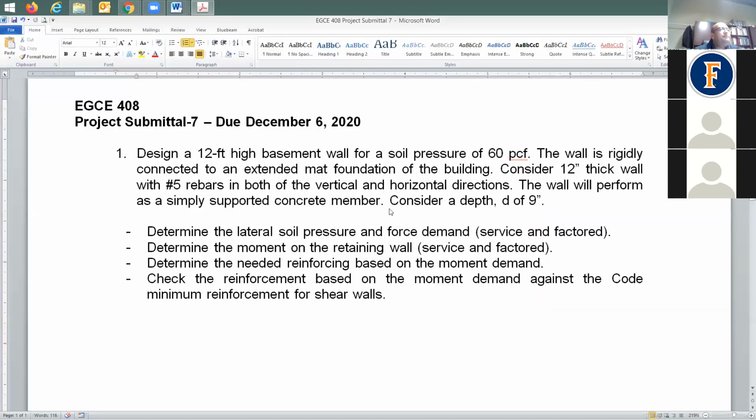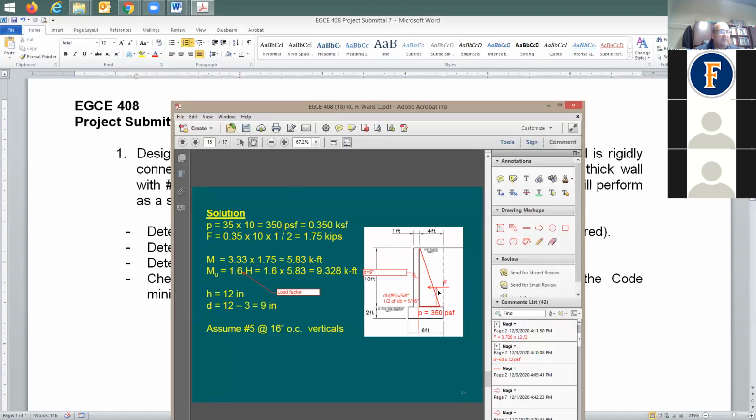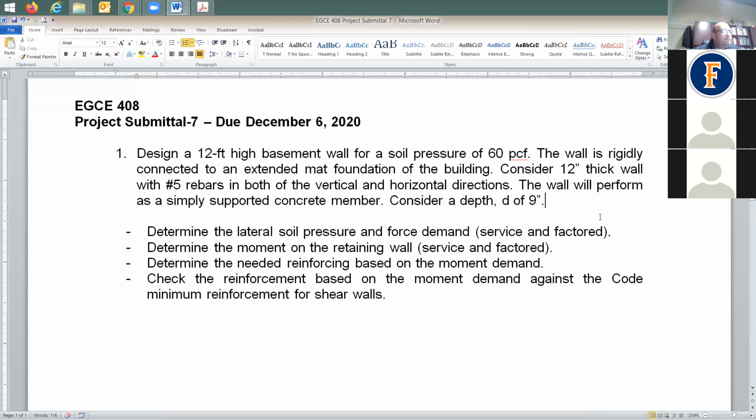So again, I'm going to have here the soil pressure and the force. Soil pressure is going to be P, force demand is going to be F, and you have a very good example here of how to do it for a cantilever system, right? So it's going to be the same steps that you're looking at here. Exactly the same steps. The difference now is going to be the moment. How would you find out this moment?